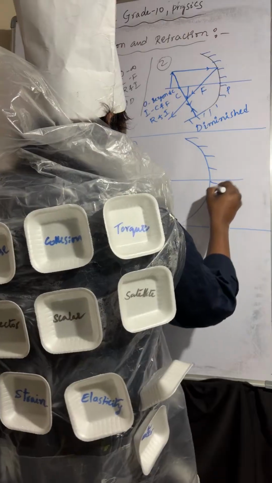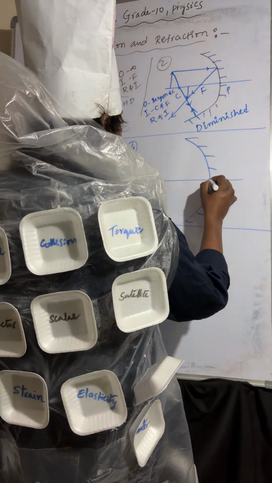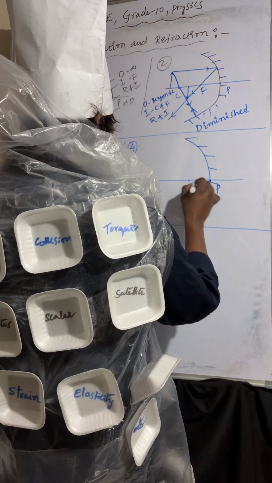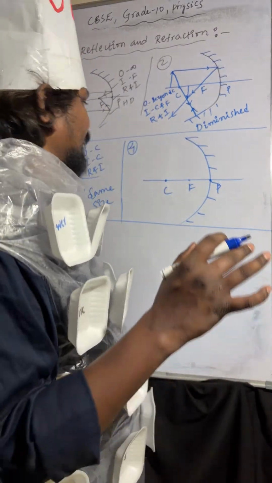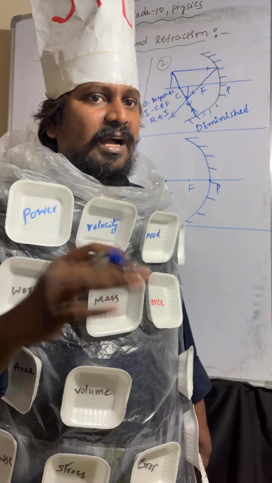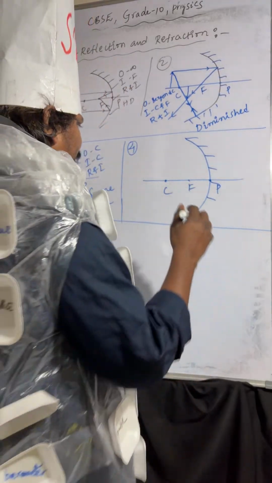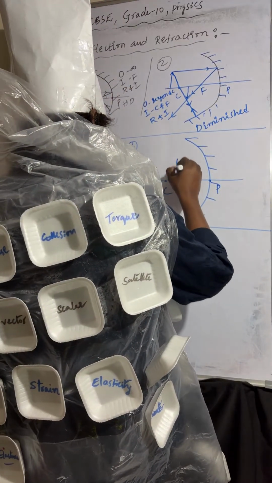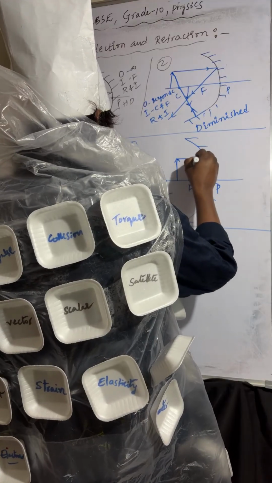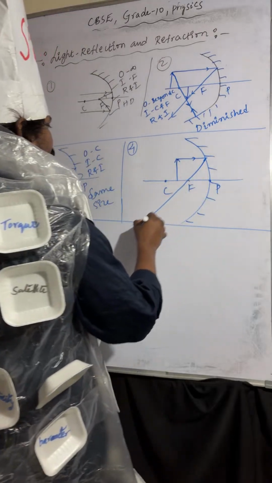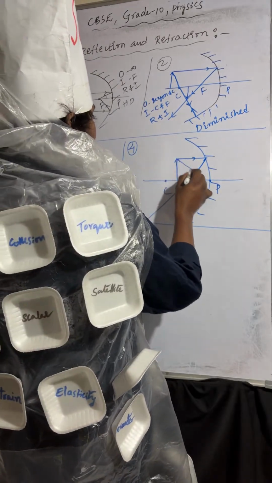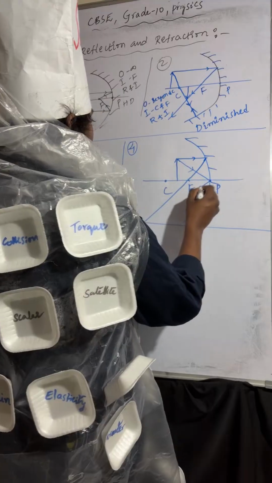Here you can observe the pole, focus, center of curvature. Object is placed between C and F. So I am placing it here. One light ray I am taking like this. It passes through focus. Another light ray is incident at the pole. It reflects back.